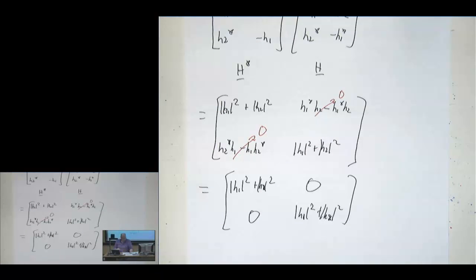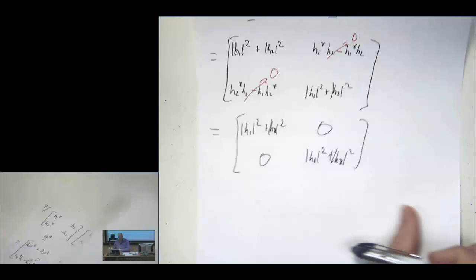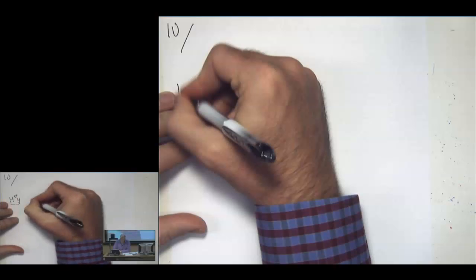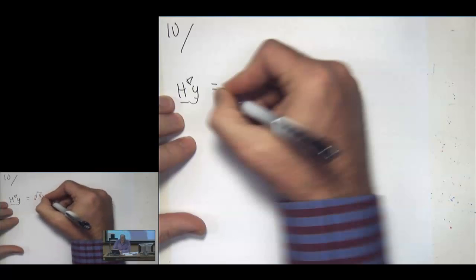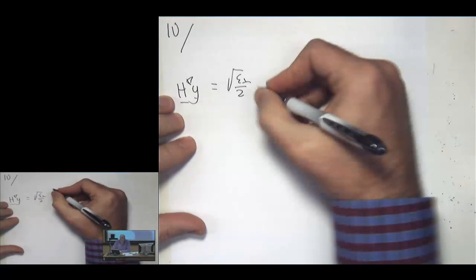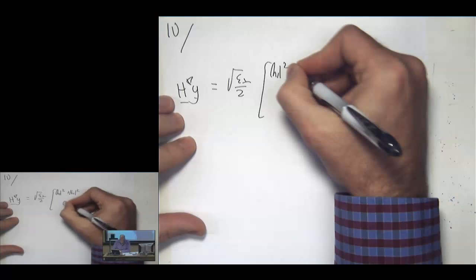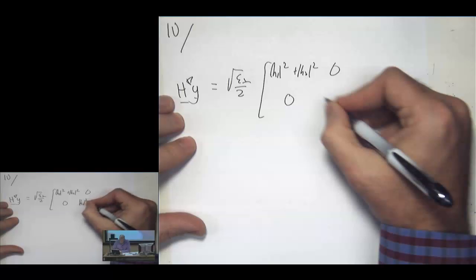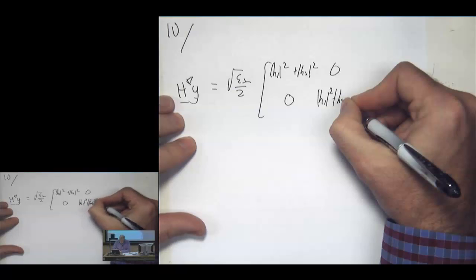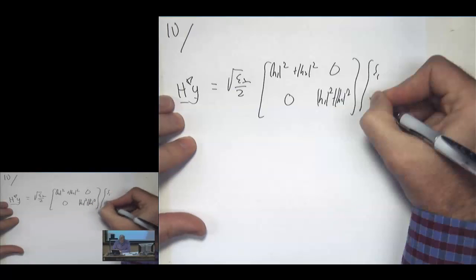All right, so what does that mean here? What that means is that if we plug this back into that original equation, H star y is equal to square root of Ex over 2 times the matrix with h1 magnitude squared plus h2 magnitude squared on the diagonal and 0, 0 off the diagonal, times s1, s2, plus v1 and v2.